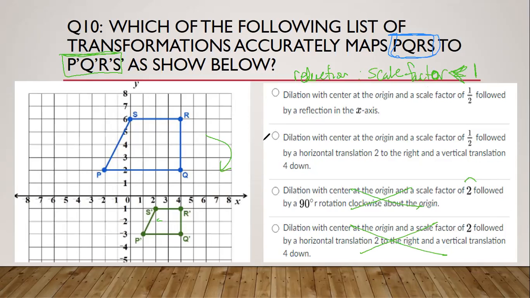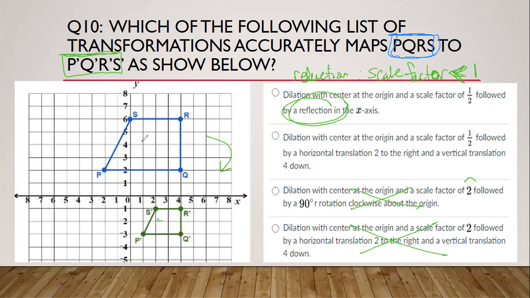Okay, so the next thing is this. It's followed by, let's keep reading, followed by a reflection in the x-axis, or followed by a horizontal translation 2 to the right and a vertical translation 4 down. One thing you have to recognize is that if we had done a reflection, the shape here would be flipped.